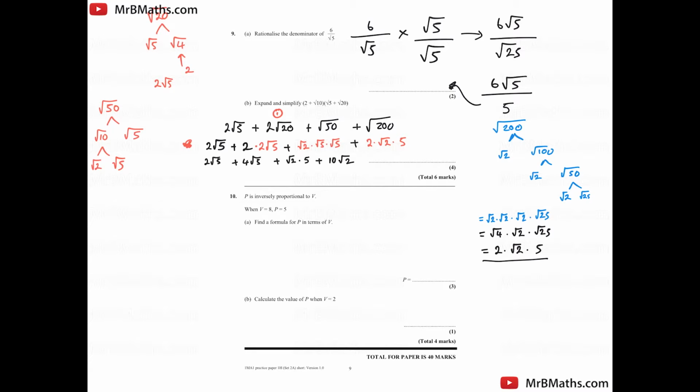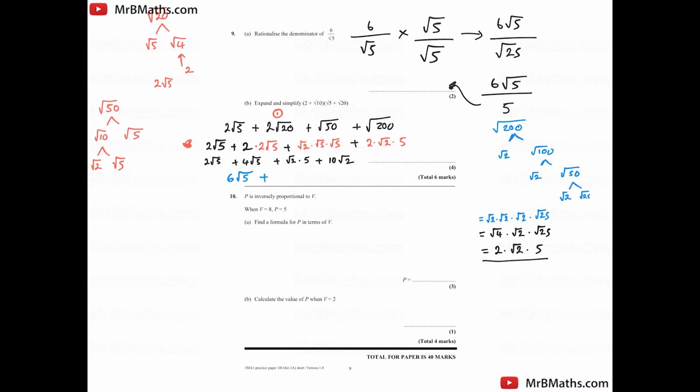Okay, so now if I have a look at what I've got, 2 root 5 plus 4 root 5. In terms of root 5s, I've only got those. So I've got 2 lots of root 5 plus 4 lots of root 5. That will give me 6 lots of root 5. Plus, now I've got root 2 times 5 plus 10 root 2.